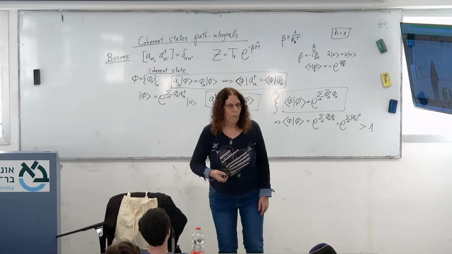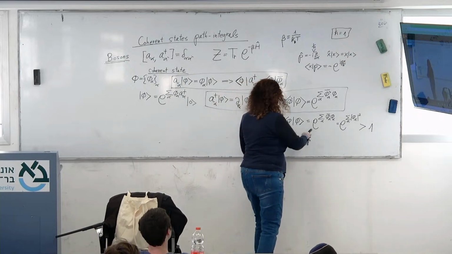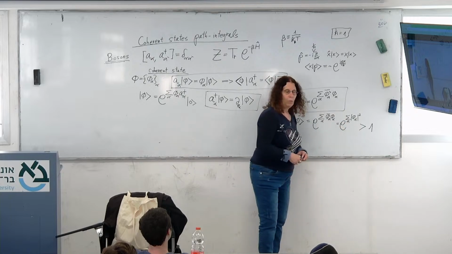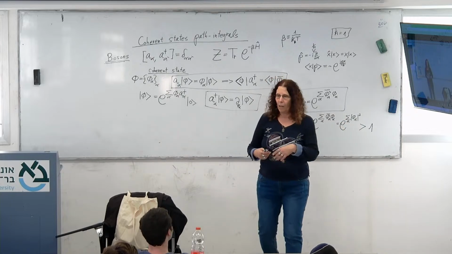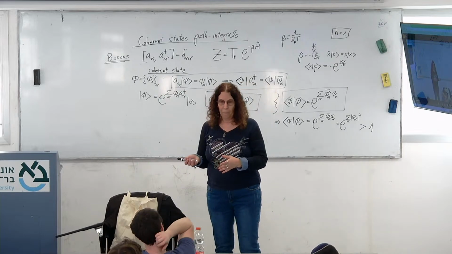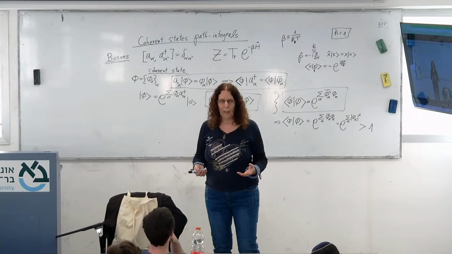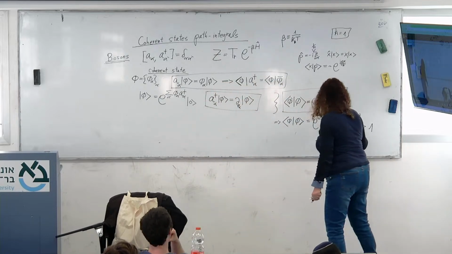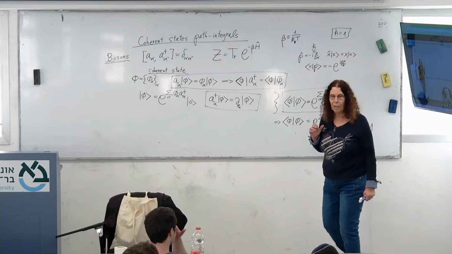Okay? Overcomplete because it gives you a redundancy. So if you want to write any other state as a superposition of coherent states, because it's overcomplete, you have somehow to normalize it in a careful way.